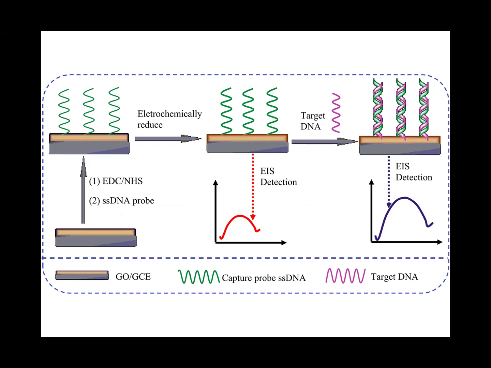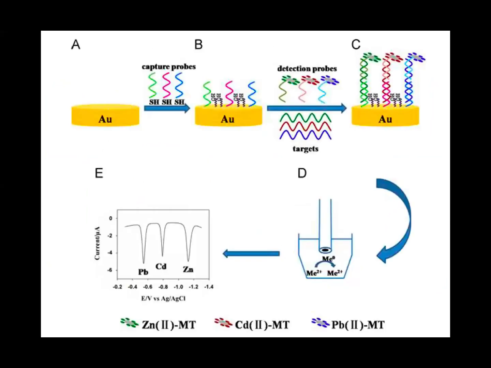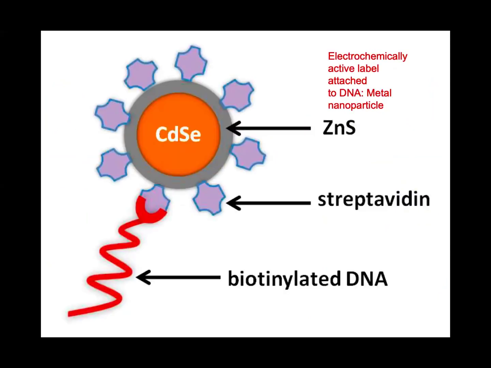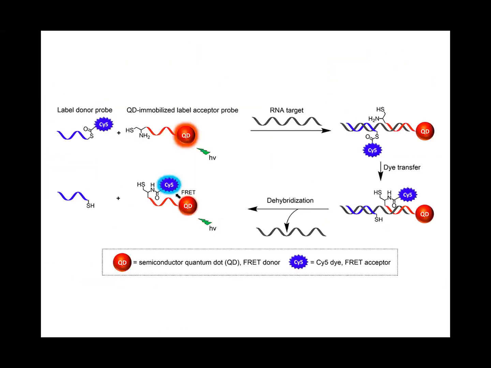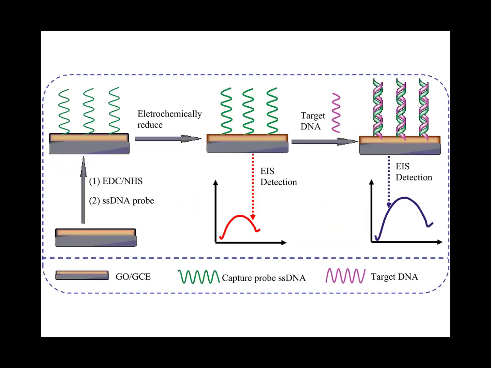I'm not good in impedance, but you can see that they behave differently once the charges are different. For the metal nanoparticle label or intercalator label, they are more accurate compared to EIS. But the EIS technique is actually very much being used right now. I don't know why.